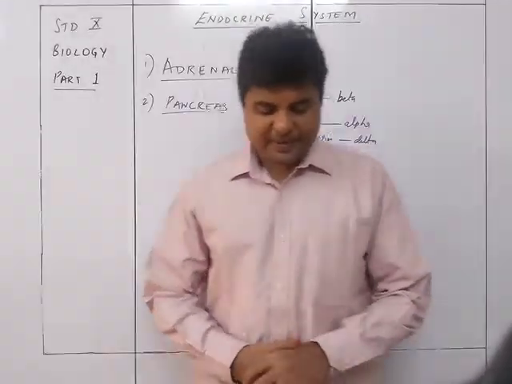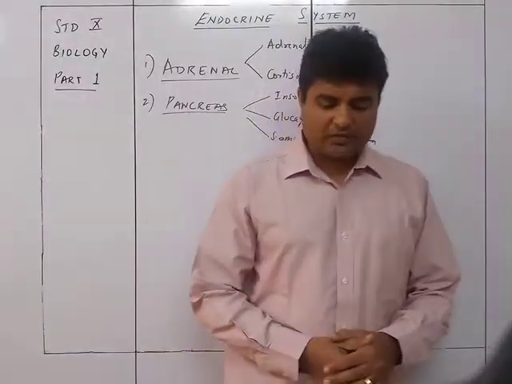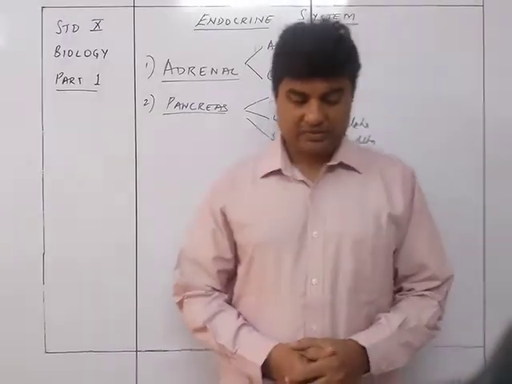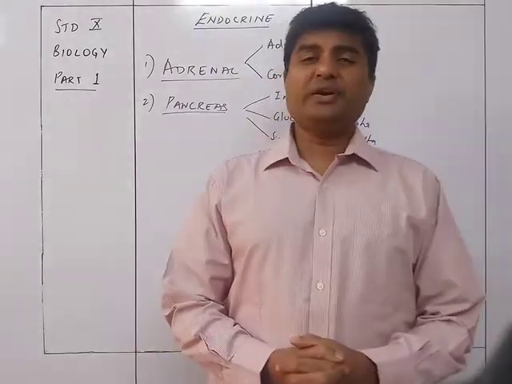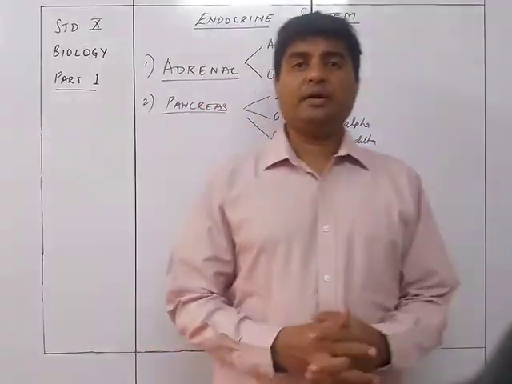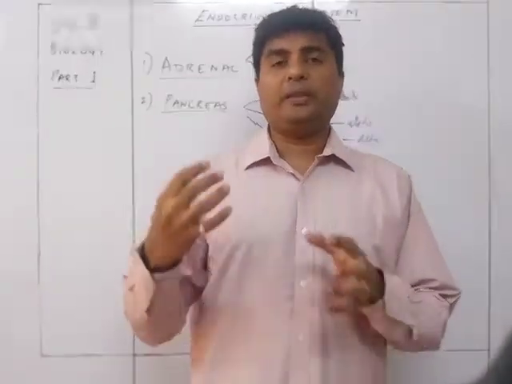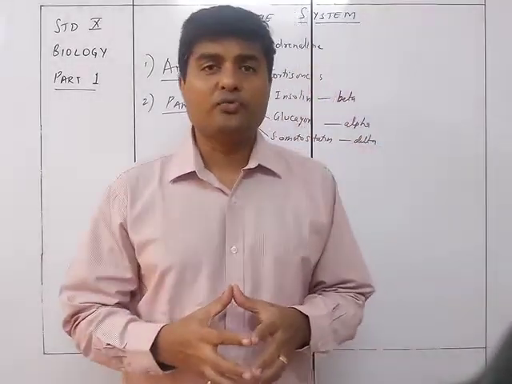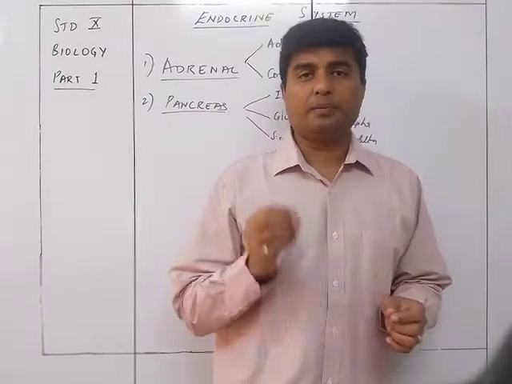Insulin secreted by beta cells checks the rise of sugar level in the blood. This it does in two principal ways. Insulin is going to check the amount of glucose present in the blood.